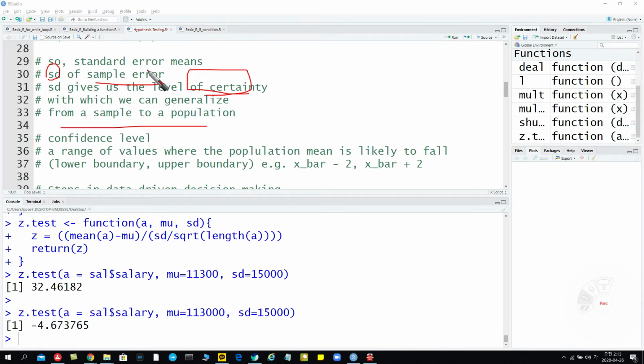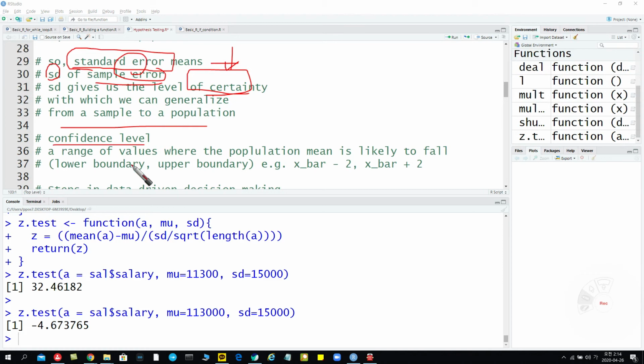Okay, sample error. So actually, the lower the standard error, the more the accuracy of the sample is increased. Don't forget about this one.